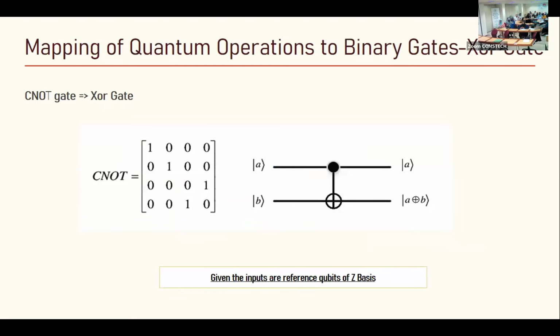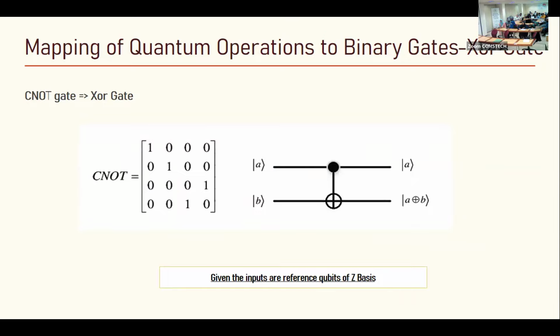Okay. Next is the XOR gate. Number two, write it down. The quantum analog to XOR gate is the CNOT gate.